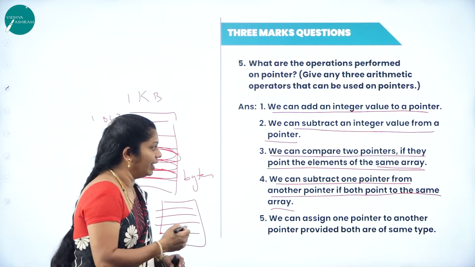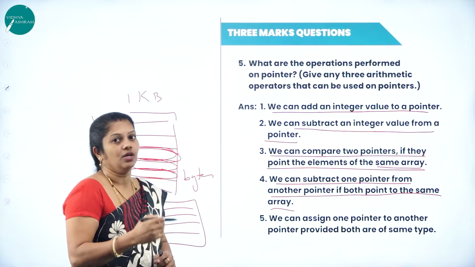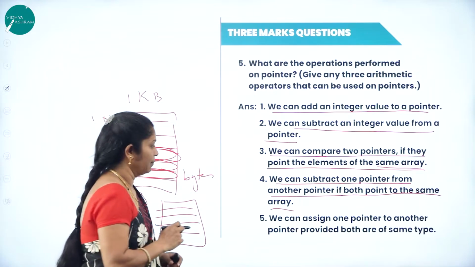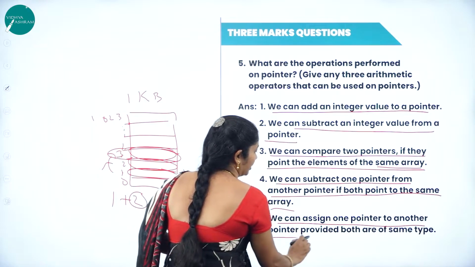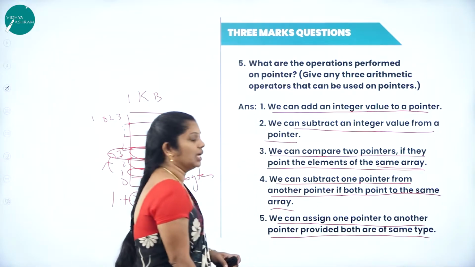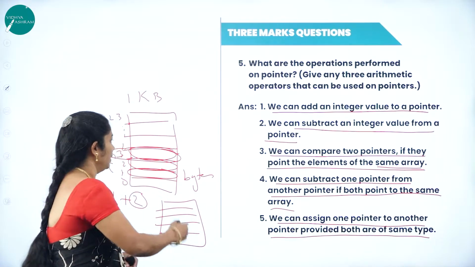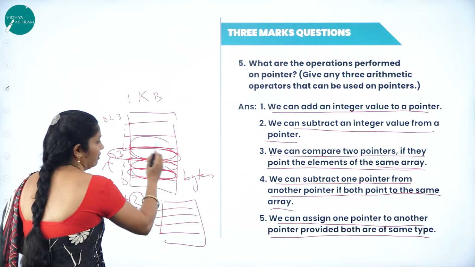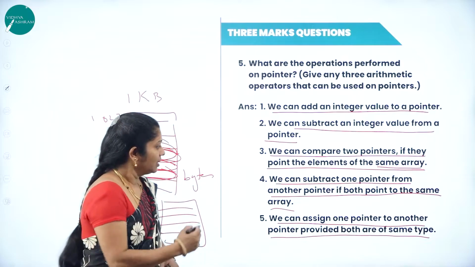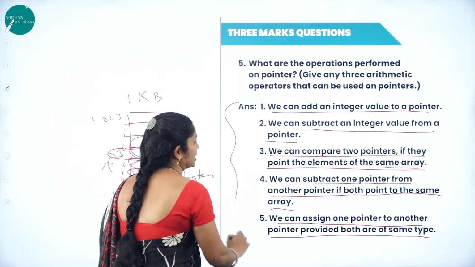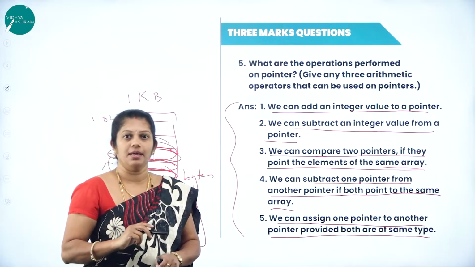We can compare, we can subtract when they are of the same data type. And we can assign one pointer to another pointer provided both are of the same type. For example, here we have integer, here also we have integer. Then we can assign from one pointer to another pointer. These are the major operations that we can perform on a pointer.